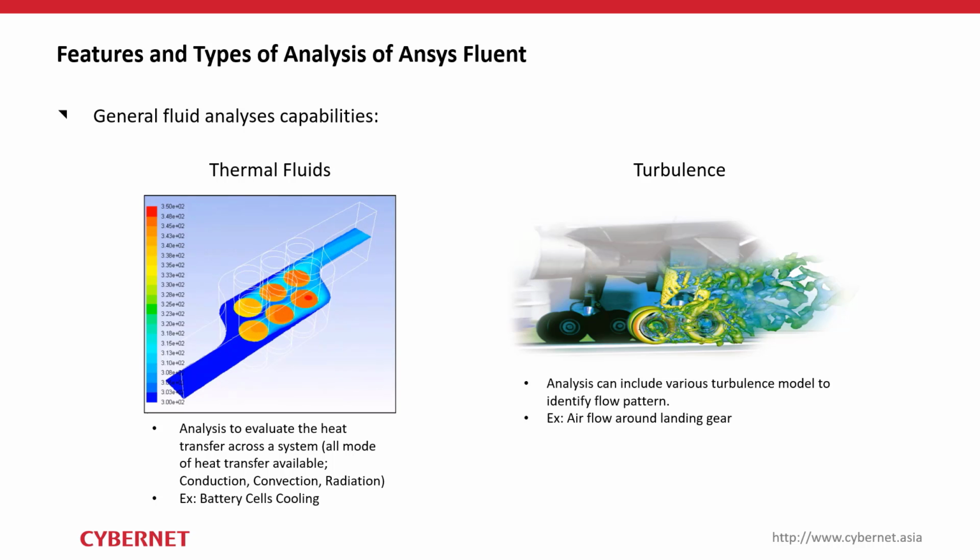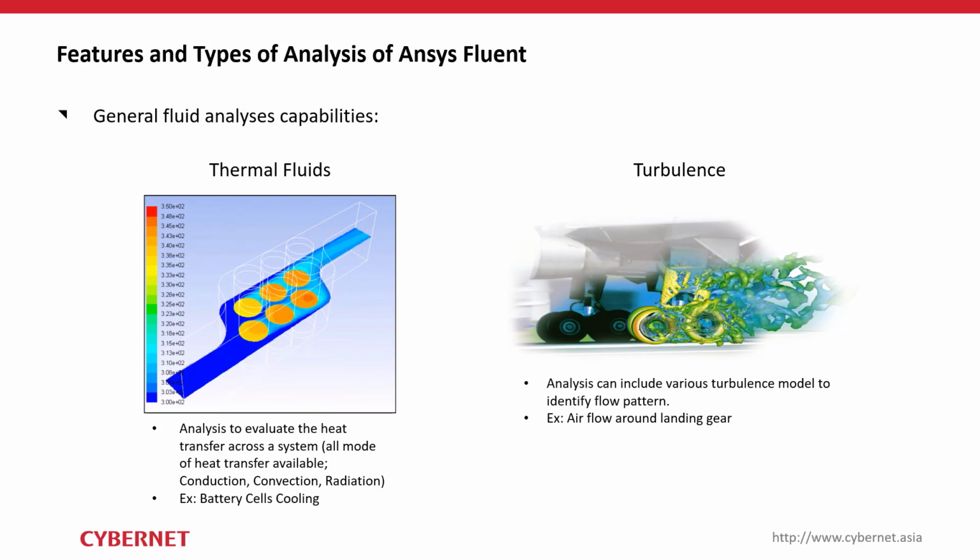So that includes conduction, convection, and also radiation. In this particular case, for example, the battery cell cooling highlights this feature very excellently, I should say. You have a thermal body, or a body that generates a certain amount of heat, and then you would like to see the performance of the fluid flow surrounding it.